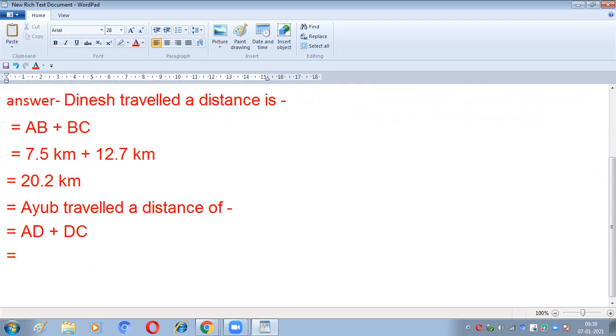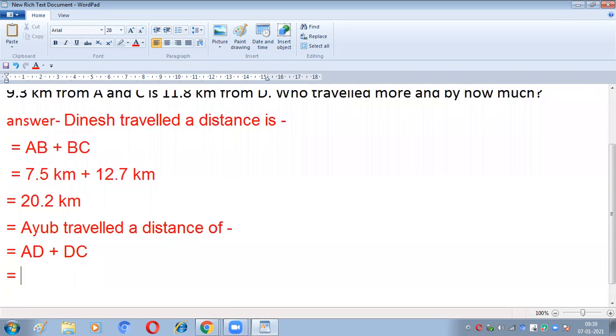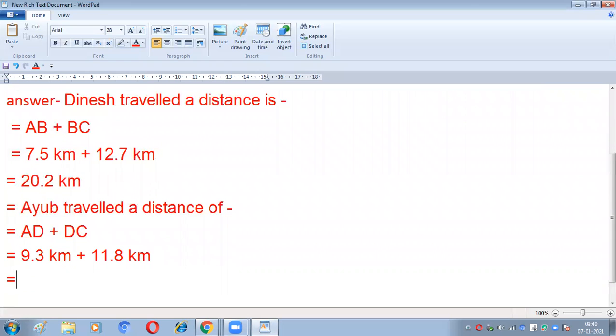The distance of AD and DC: D is 9.3 kilometer from A and C is 11.8 kilometer from D. So now we will write 9.3 kilometer plus 11.8 kilometer, that is equal to 21.1 kilometer.